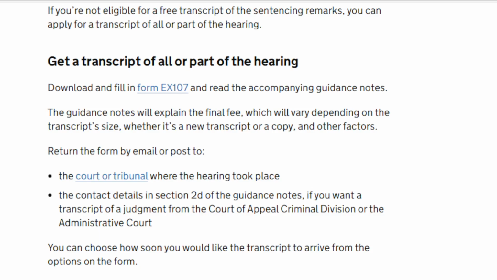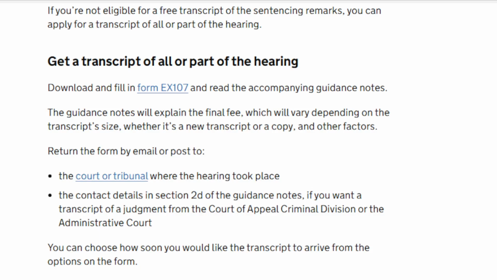Next, the date and the year it was heard. The judge, you have it. The case number, the legal representatives involved, solicitors, barristers, and also you could provide your own details: your name and address, contact number, DX if you have it, organization, and all that.